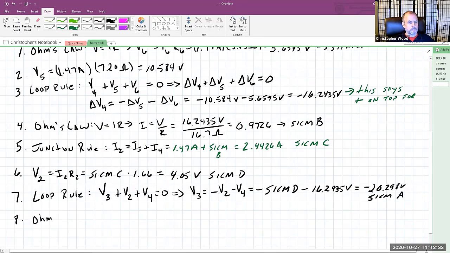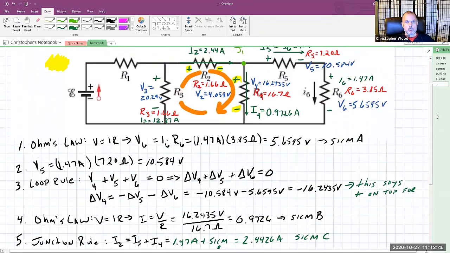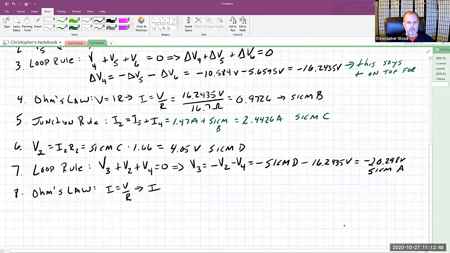Ohm's law. Well, I equals V over R. So specifically, the current going through the resistor labeled R3 equals the voltage drop across R3 divided by R3.